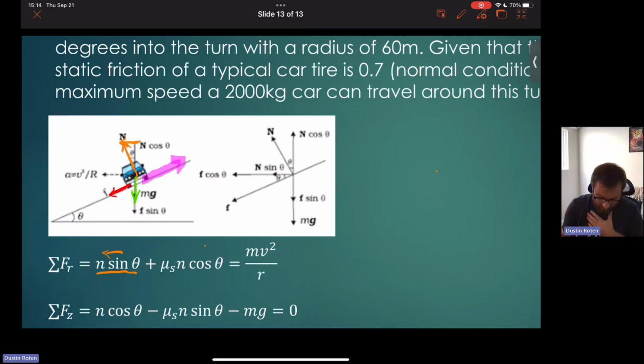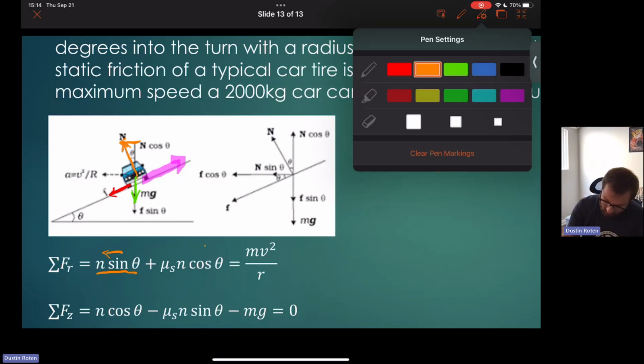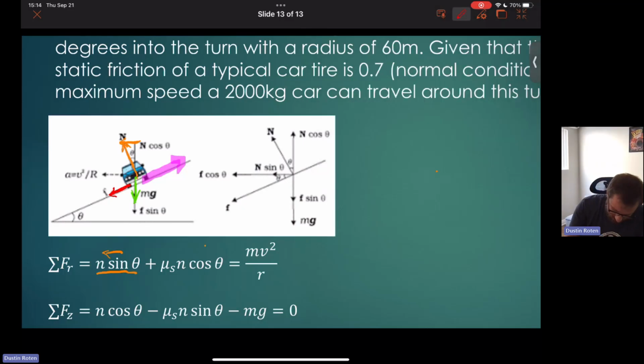Okay. Now we also have another component of the friction. You'll notice here that friction isn't pointing directly into the circle. It's pointing down a little bit.